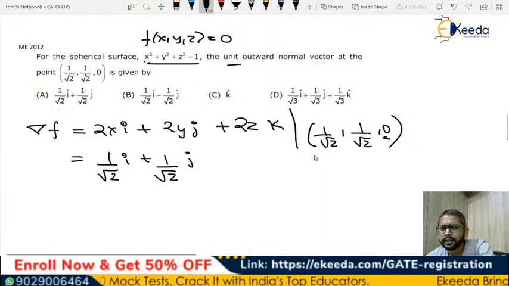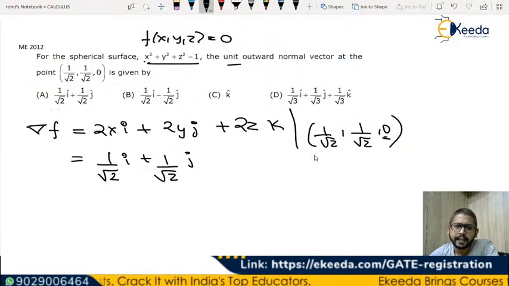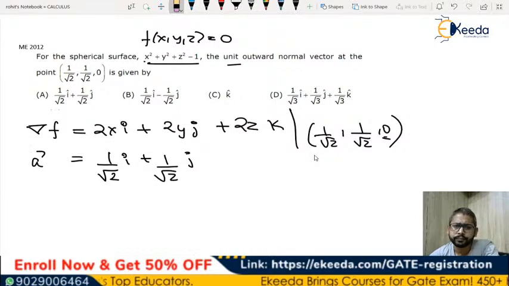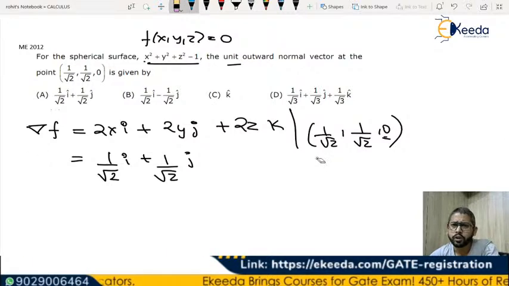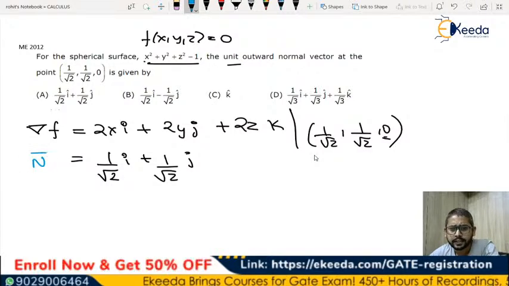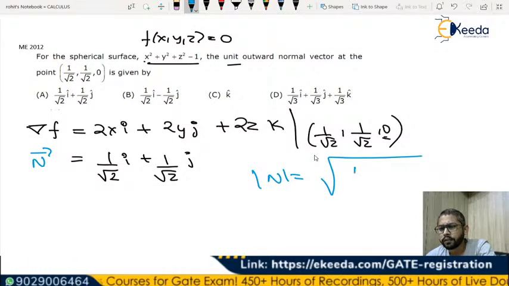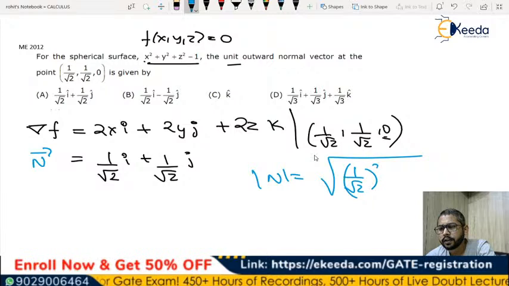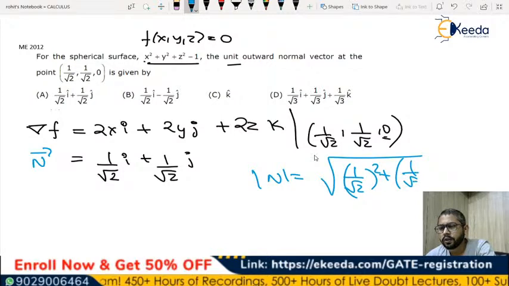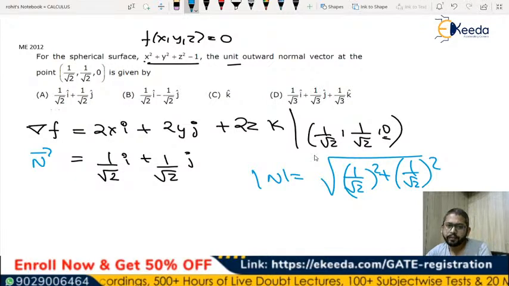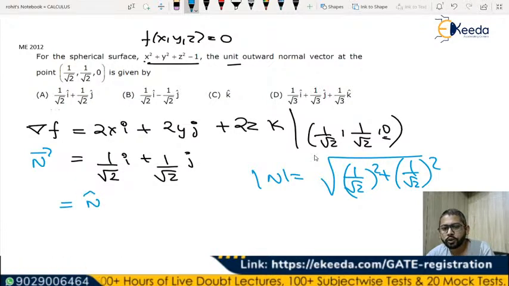Why? Because you can find the absolute value. Let's take n, because they want to find the normal vector, right? So let's say this is n. The absolute value of n is under root of 1 by root 2 square plus 1 by root 2 square, so 1 by 2, 1 by 2, 1. So this normal vector is itself a unit normal.